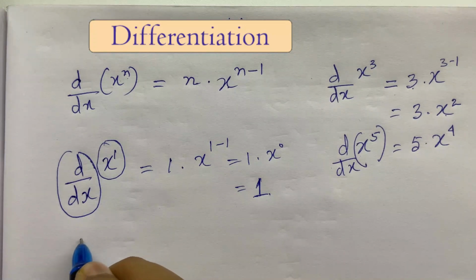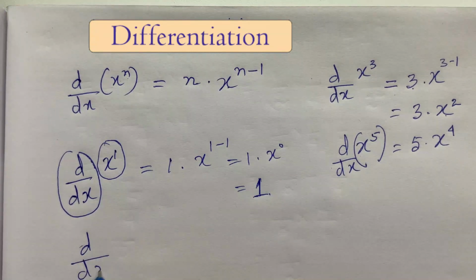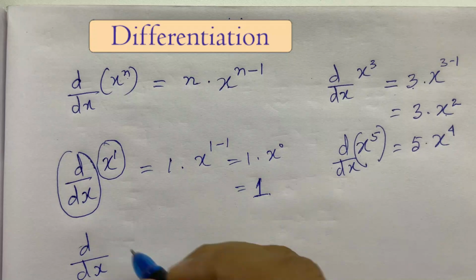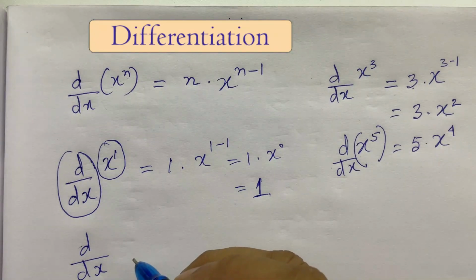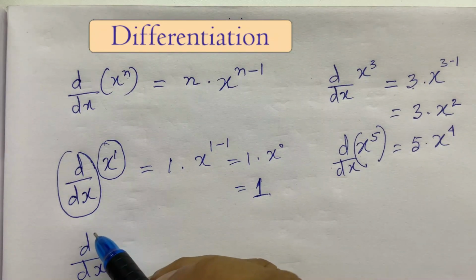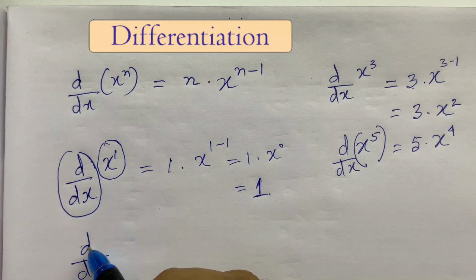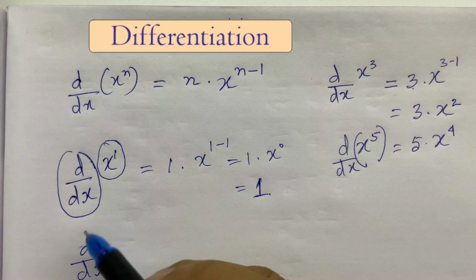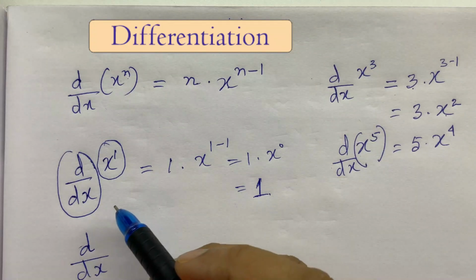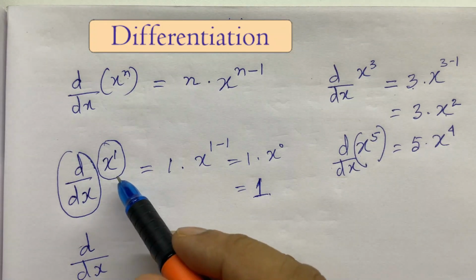One more thing is d/dx. We are frequently mentioning d/dx; it means this is a process of differentiation. This is an operator, and this operator is applied to the function.